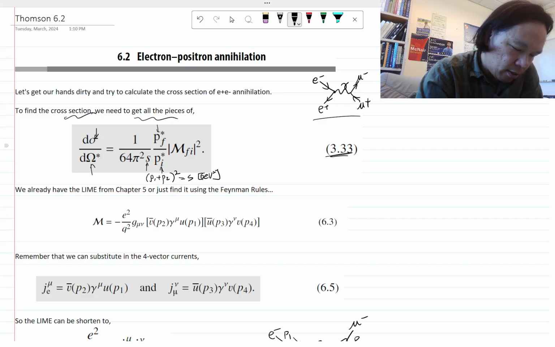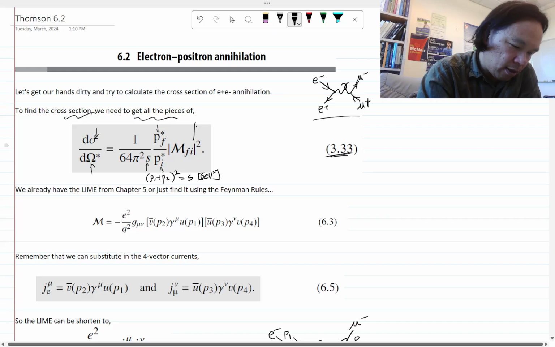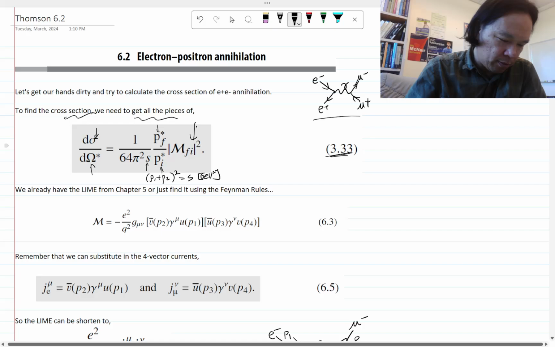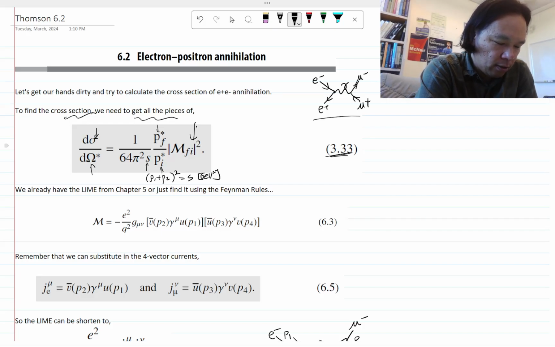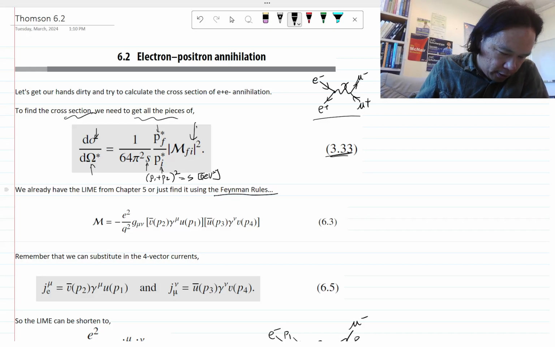p_f and p_i are the outgoing and the incoming momentum of one of the particles, their magnitude in this center of mass frame. And this M_fi thing is what we actually spent 2 chapters calculating, right? Starting from the Dirac equation, in the last chapter we found out how to use the Feynman rules to do these calculations, okay?